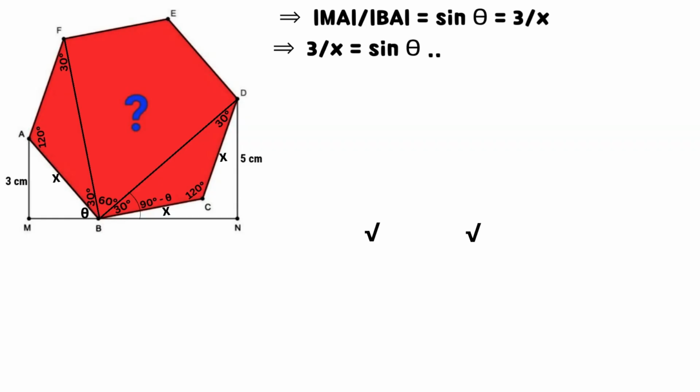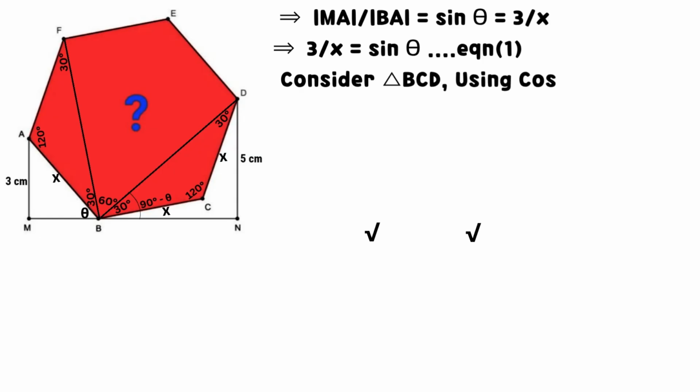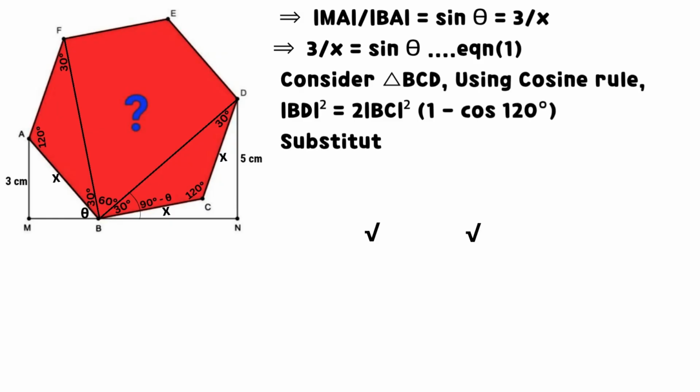It signifies that line MA divided by line BA equals sine theta, which equals 3 divided by x. Hence, 3 divided by x equals sine theta. We call it equation 1.